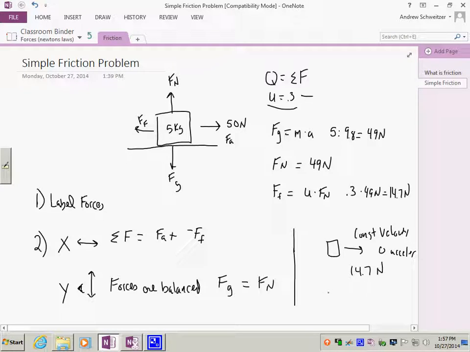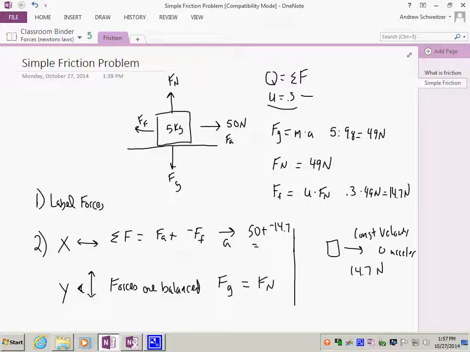Okay. Now, in this case, I am applying more than that, 50 newtons. So in the horizontal direction, we will end up with a net acceleration in this direction. That's going to be 50 newtons plus a negative 14.7, which gives me my overall total in the horizontal component, and that is going to be 35.3 newtons.